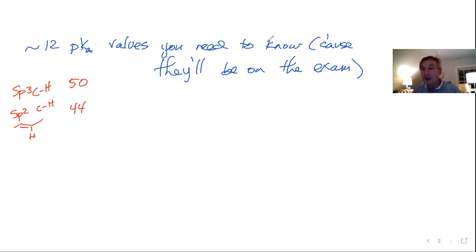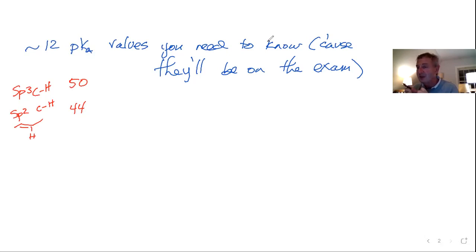These are really, really weak acids. And by the way, their conjugate, the deprotonated form, is an incredibly strong base. What does that mean? Think about it. If it hates losing a proton, it wants that proton back.